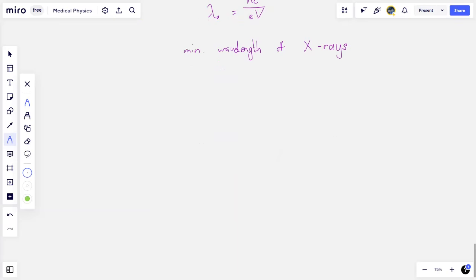Okay, and so what this means is if the energy goes up, if eV goes up, then lambda goes down, which is more energy and a shorter wavelength. Okay, so all that means is if we give the electrons more energy, then the energy of the photons produced, the X-ray photons, increases. Or rather, the wavelength of the photons decreases if the energy goes up.